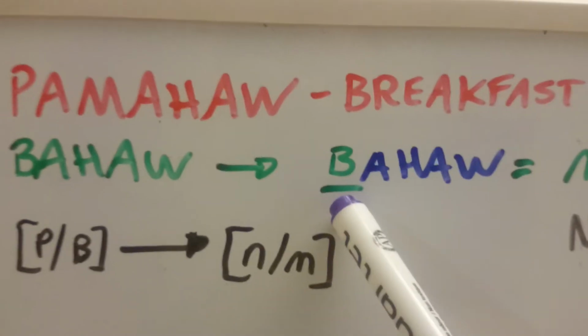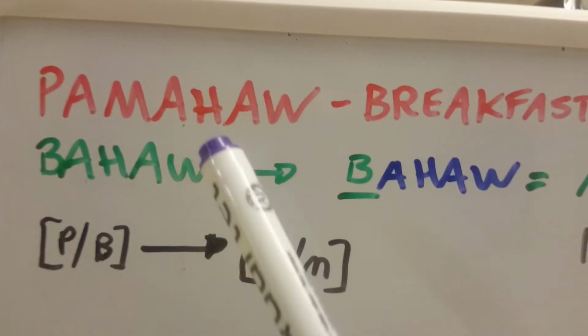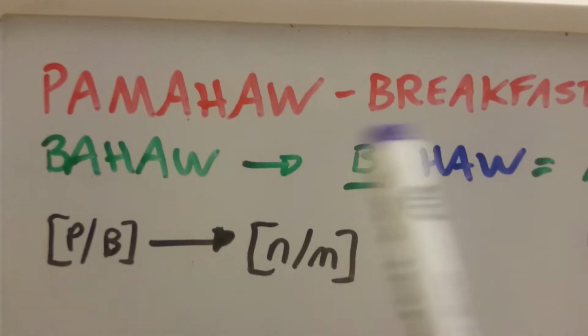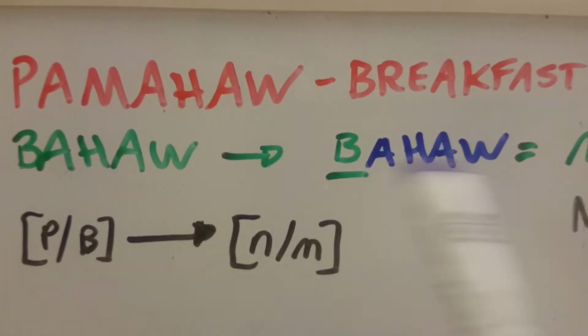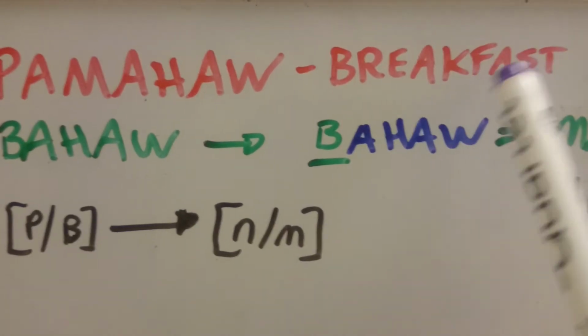We change this b to the p, or we add the pam prefix or affix into bahaw, and we get pamahaw, right? That b changes to get pamahaw, breakfast.